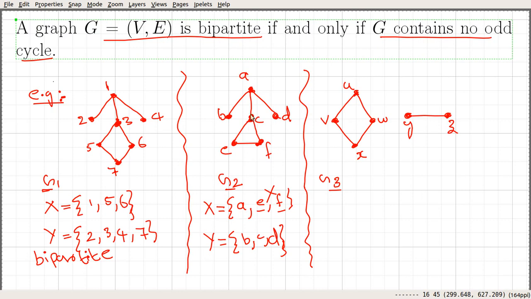Here again we have this odd cycle, and you will see that you won't succeed in partitioning the vertex set into two disjoint sets x and y in such a way that the edges are only between x and y. So that says this is not a bipartite graph.